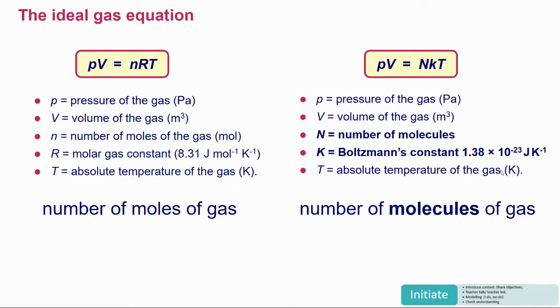And that obviously leads to a difference in the constants that we're looking at. So we have Boltzmann's constant instead of the molar gas constant. So the challenge with these formulas is, number one, looking at a question and selecting which formula is actually going to be correct. Okay.